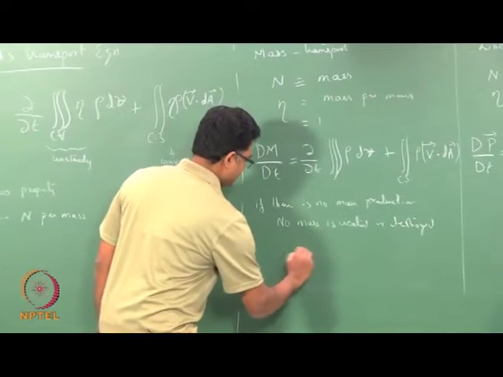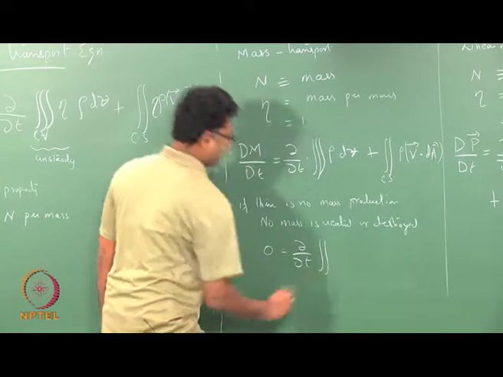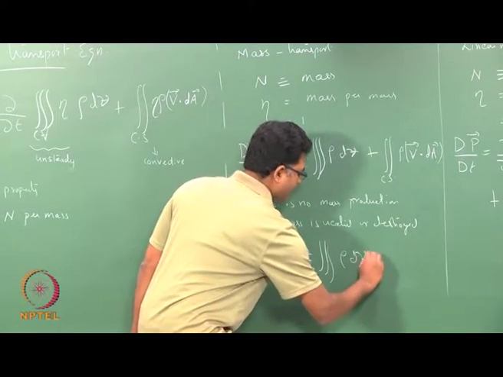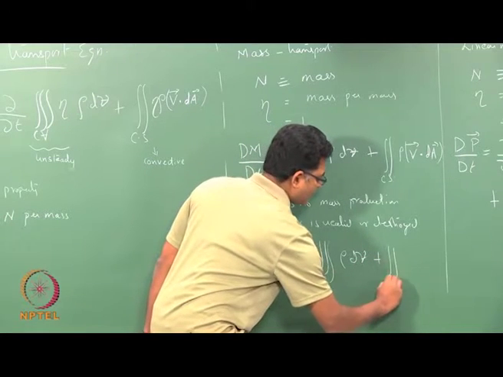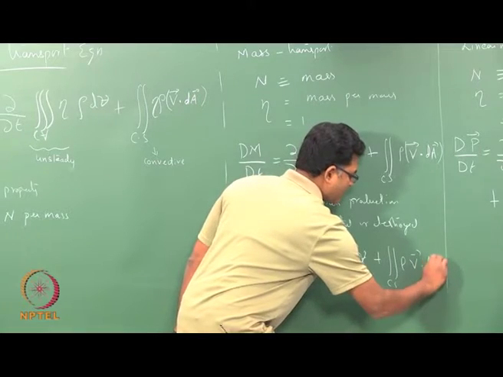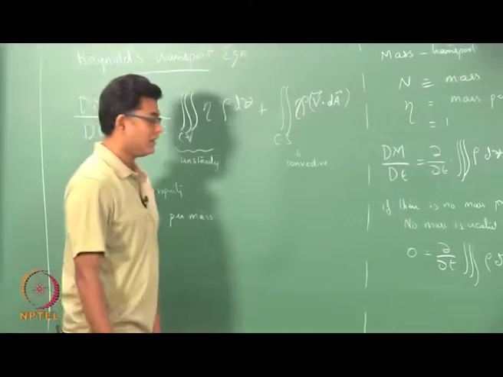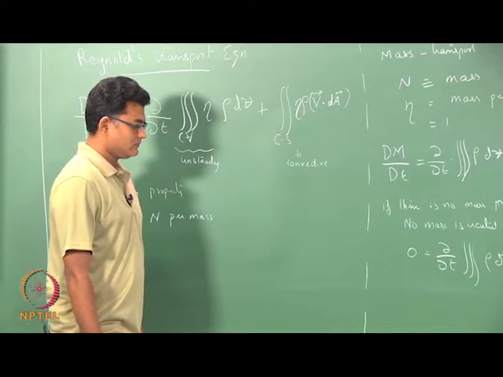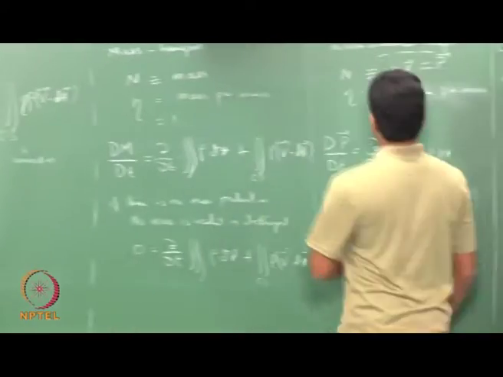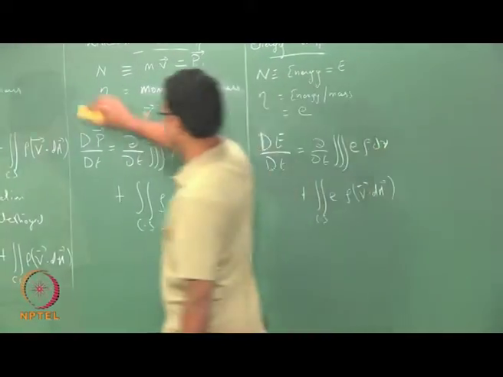Then this is 0 equals dou by dou t of the integral rho dV plus the surface integral rho V dot dA. Now, we will move forward. I am rubbing this for the time being, we will come back to this in a short while.